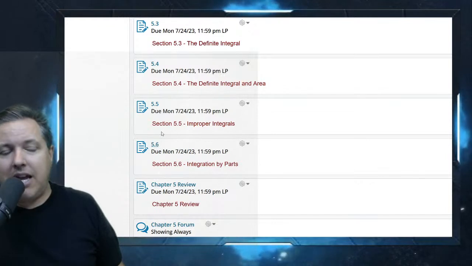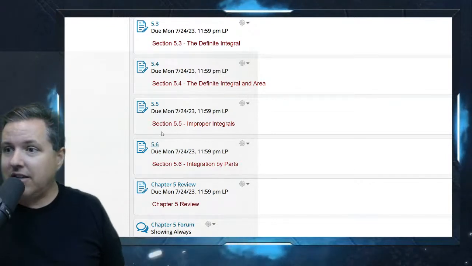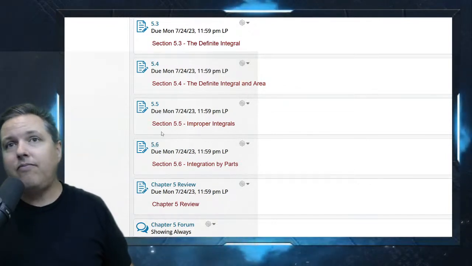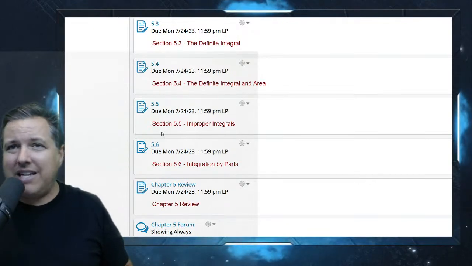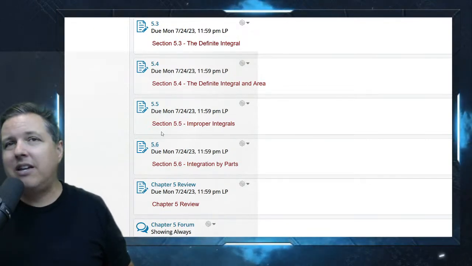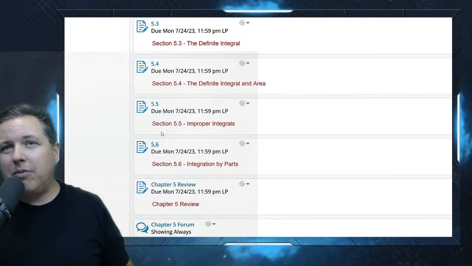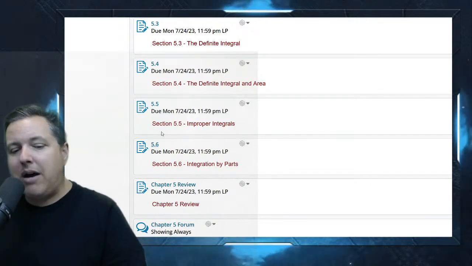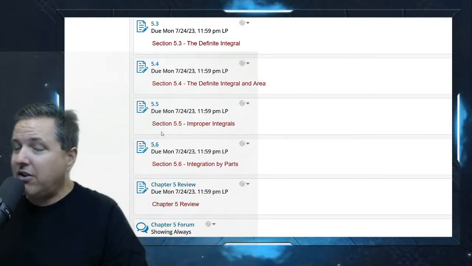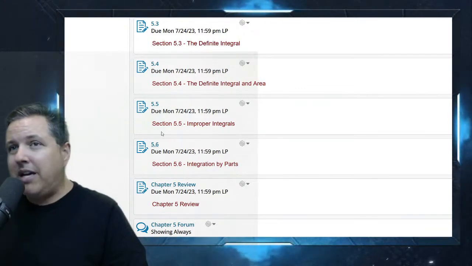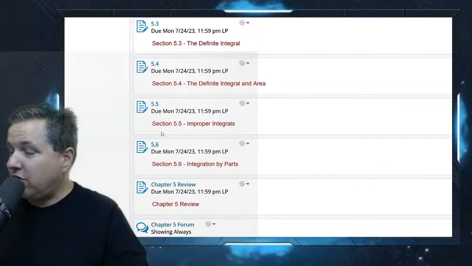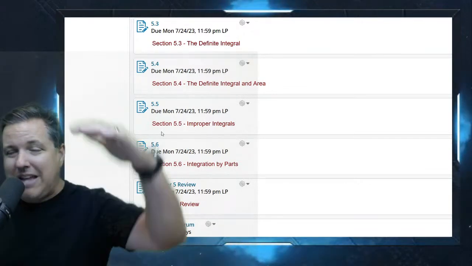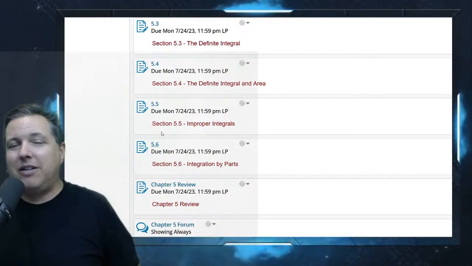5.6 is one of the most hated sections in the class. What I will say is I'm not saying it's easy the way we do it in this class, but normally when you hear people complain about integration by parts, they're usually talking about the engineering calculus. They do problems in there by integration by parts that are just horrendous, and if you make one little mistake, things don't line up, and it's a pain.